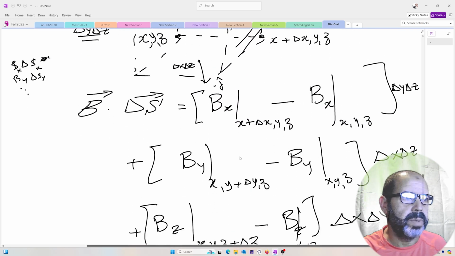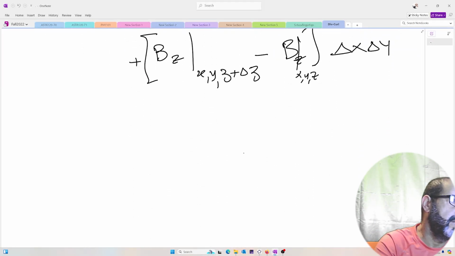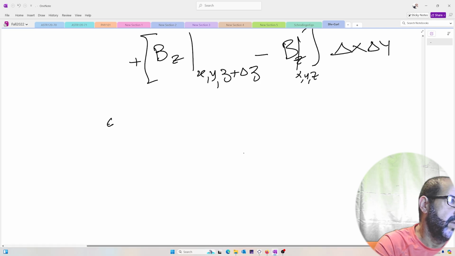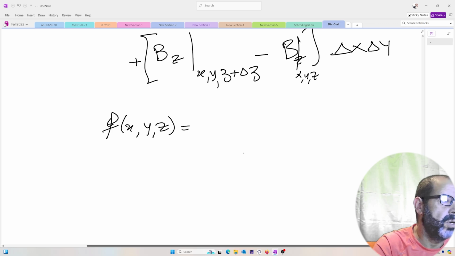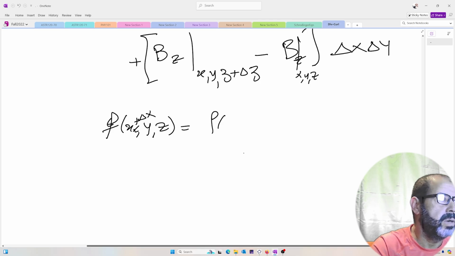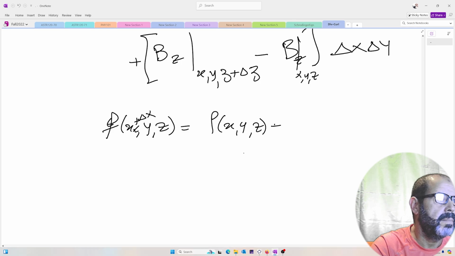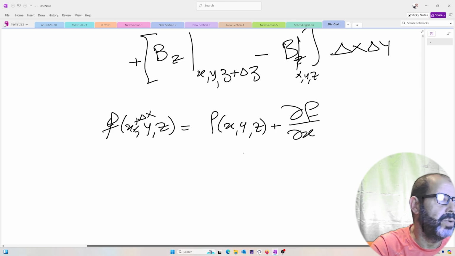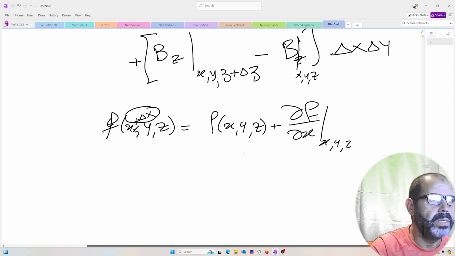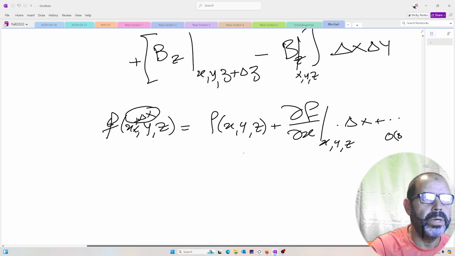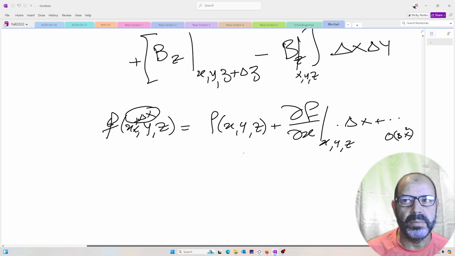We're going to use Taylor expansion. The Taylor expansion says that basically, let's write it down. A function of multivariables x, y, and z, let's focus on the x component, is equal to fxyz plus the partial derivative of f with respect to x, that's a 1 that has been shifted by an amount delta x, evaluated at x, y, and z, times delta x plus higher order terms in delta x squared, which I'm going to make 0.